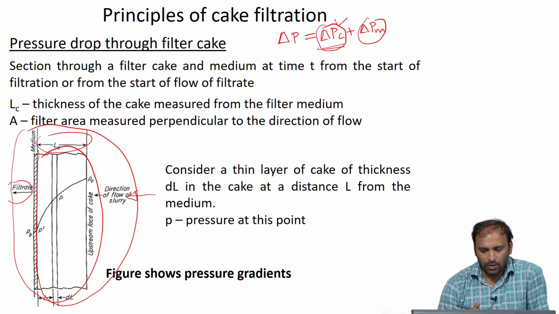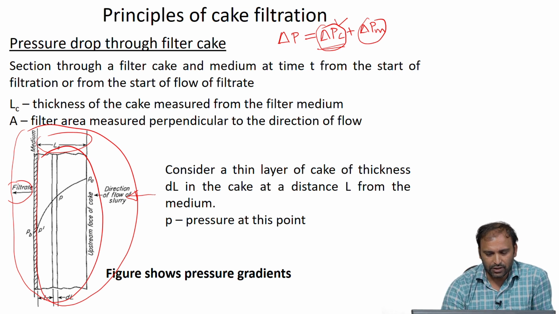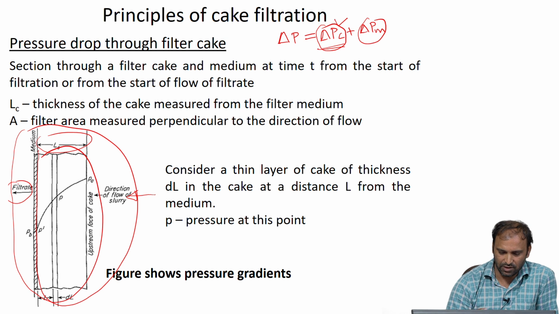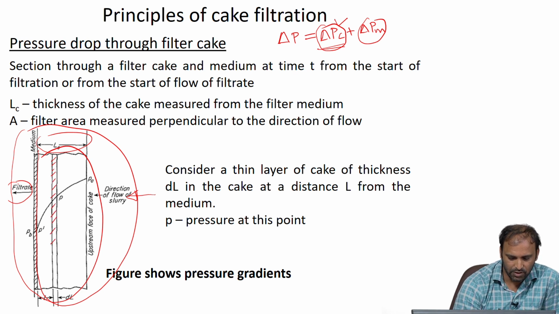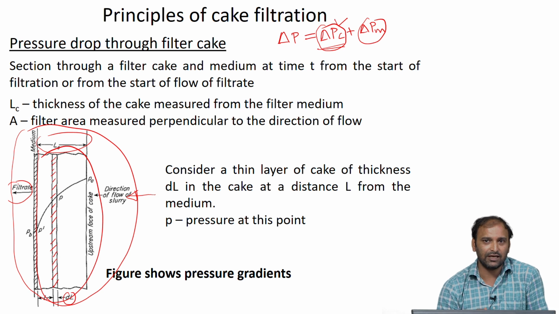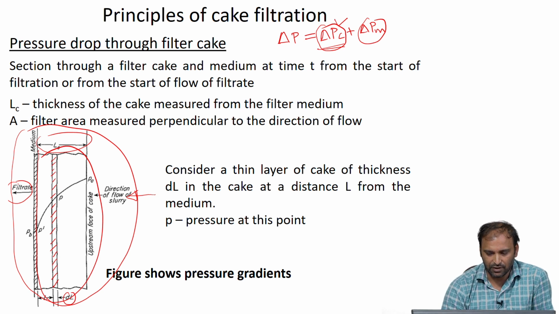And what we are going to do is look at a very thin section. What is drawn here is a small section, which I am going to mark now. That is a very thin section of dimension dl, where dl is the thickness of the layer of filter cake that I am considering.